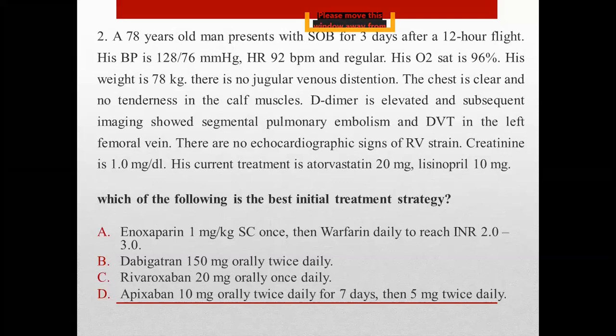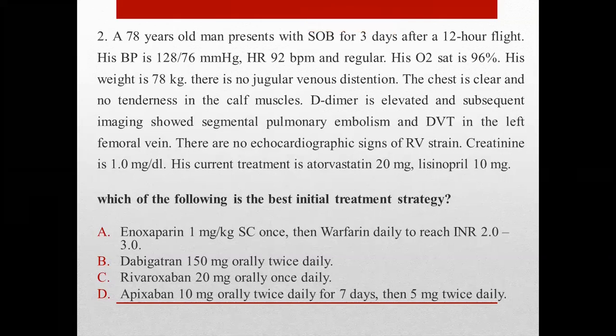The D dimer was elevated, and imaging of the chest showed segmental pulmonary embolism and DVT in the left femoral vein. There are no echocardiographic signs of right ventricular strain, and his creatinine is 1. His current treatment is atorvastatin 20 mg and lisinopril 10 mg. Which of the following is the best initial treatment strategy?